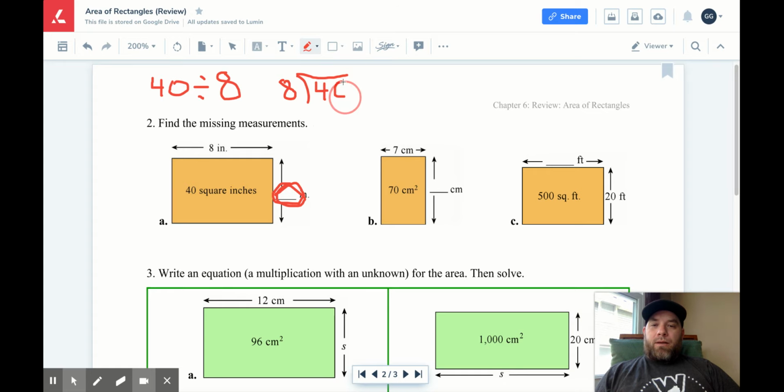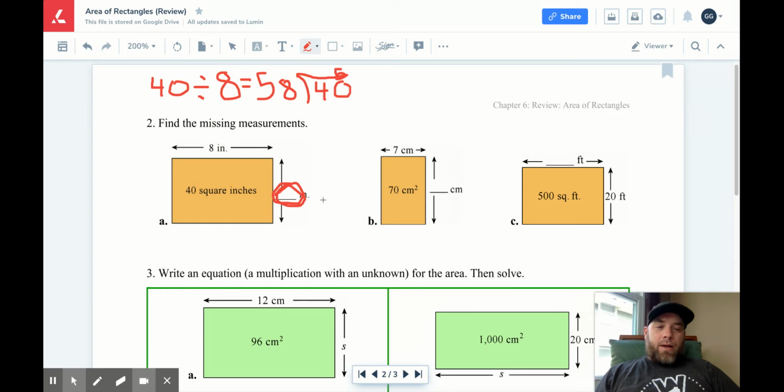So how many times can I fit 8 into 40? So remember, 2 times 8 is 16, 3 times 8 is 24, 4 times 8 is 32, 5 times 8 is 40. So my answer is 5. Sorry, that's kind of messy, but doing my best. So 40 divided by 8 is 5.